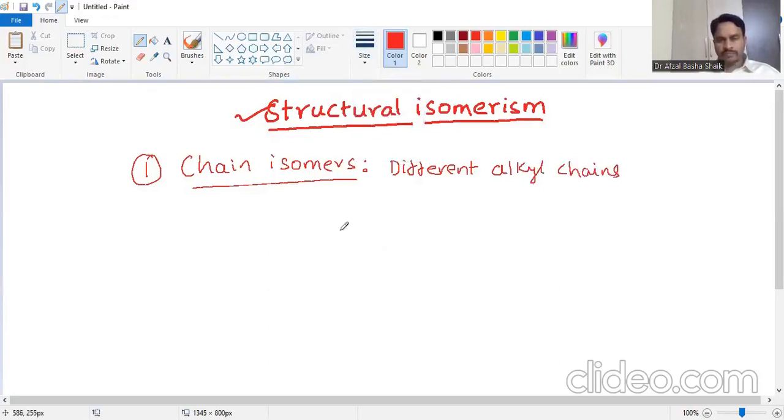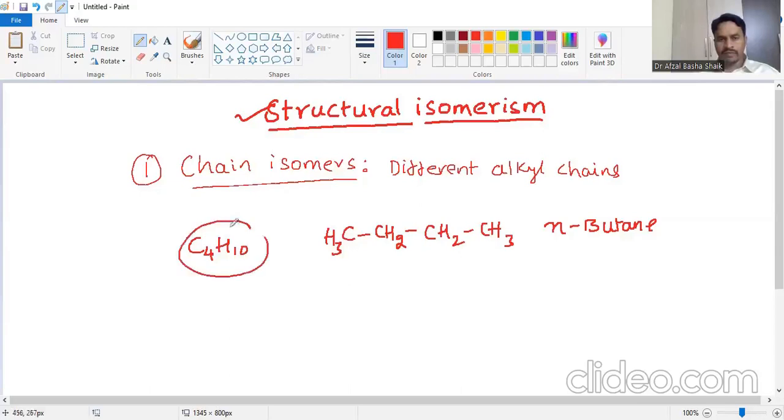For example, if you take this molecule, it is a 4-carbon containing compound, which is n-butane. The number of carbon atoms is 4, and 3 plus 2, 5, 5 plus 5, 10 hydrogens. The molecular formula is C4H10.